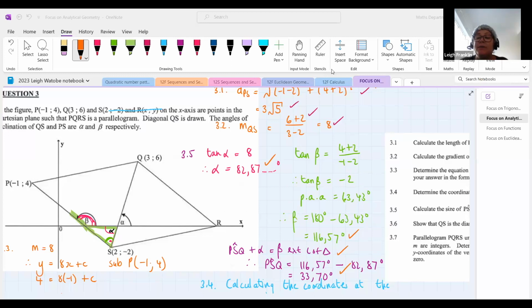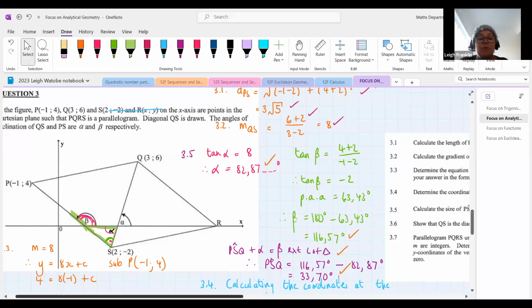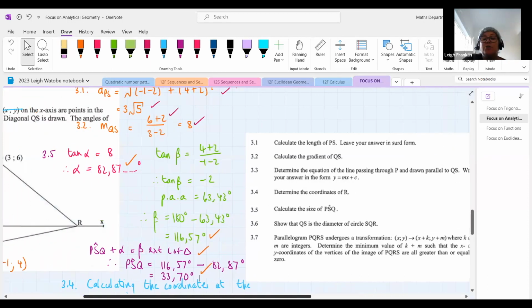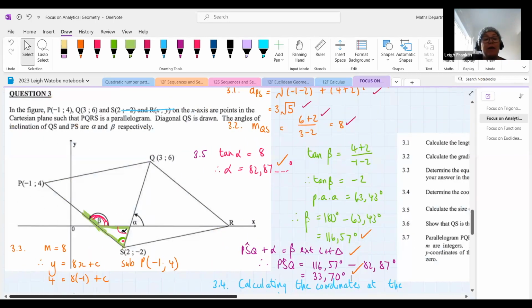Now let's have a look at the next thing they want us to do. They want us to show that QS is the diameter of circle SQR. Let's go back and have a look at the question. Show that QS is the diameter of triangle SQR. Well, what does that mean?